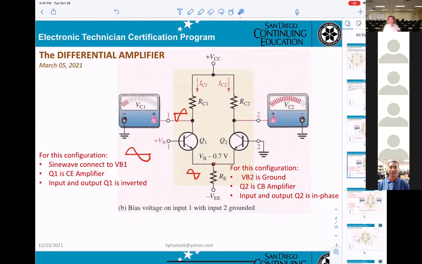If you go back to the common base amplifier, the input is applied to the emitter and the output is from the collector. And input and output will be in phase. That's what you see right here.